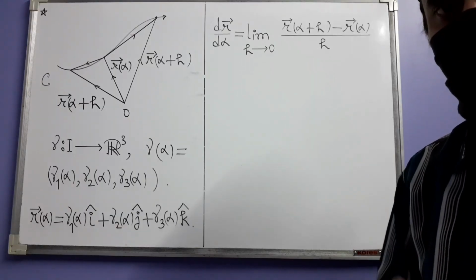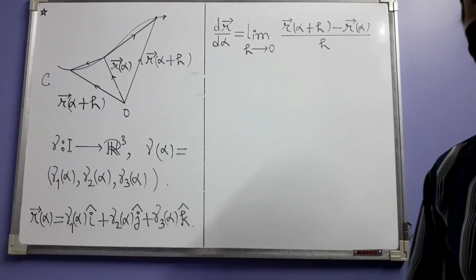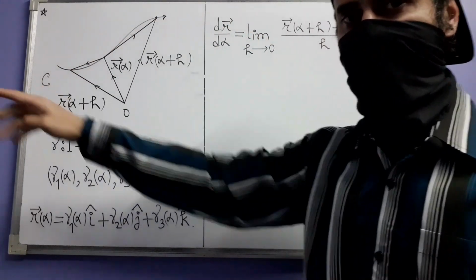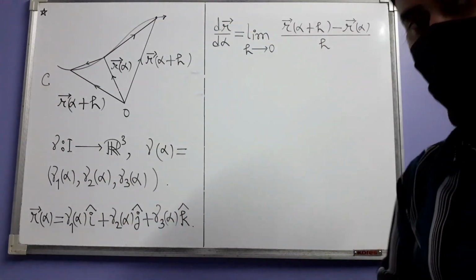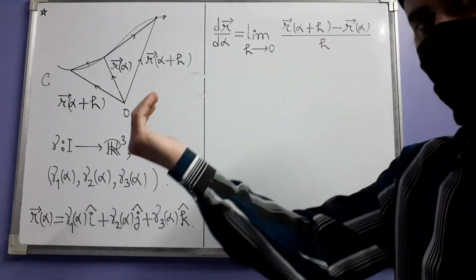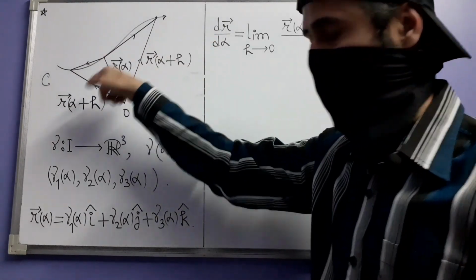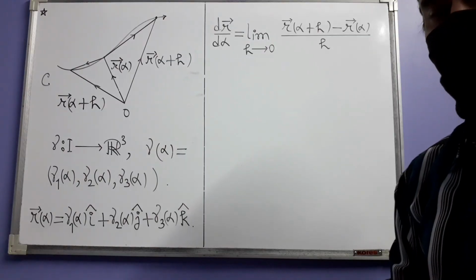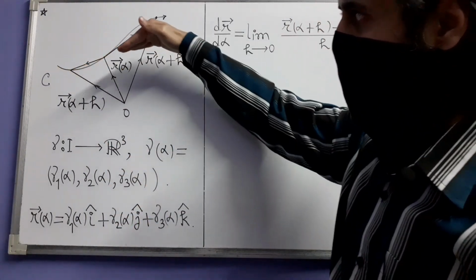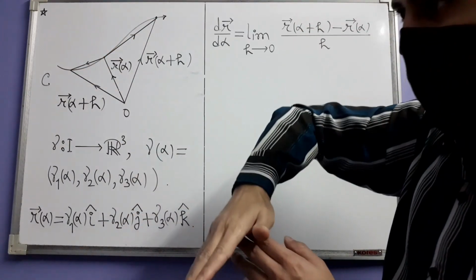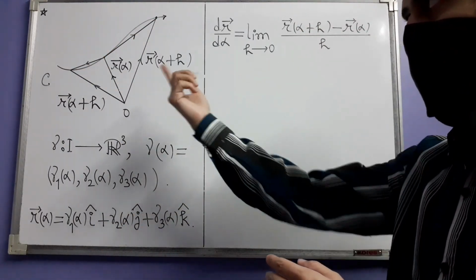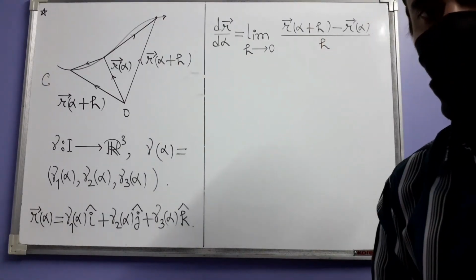But we are saved by this h. It is pointing in that direction, but when you divide by a negative real number, it gets flipped. So we get back that general direction even in this case. And in the limiting case, as this point approaches this, the chord approaches the tangent, but at the same time the vector is pointing in that direction.